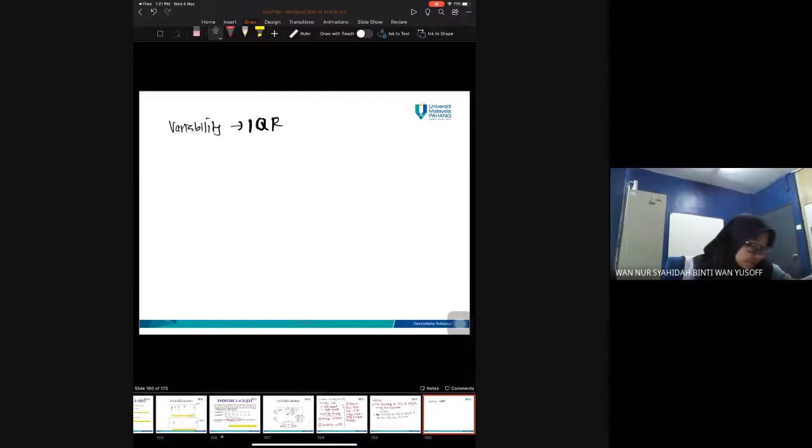So you can comment on the variability of your data set. Find first the value of the IQR for A and the value of the IQR for B. So A is 1.5, B is 1.2, isn't it? 1.2.